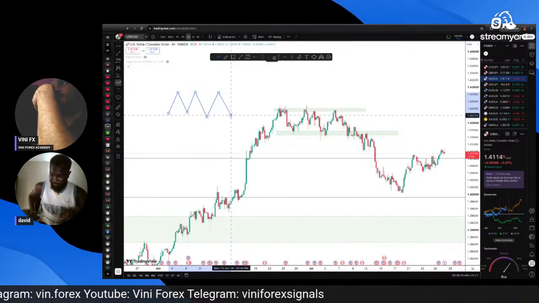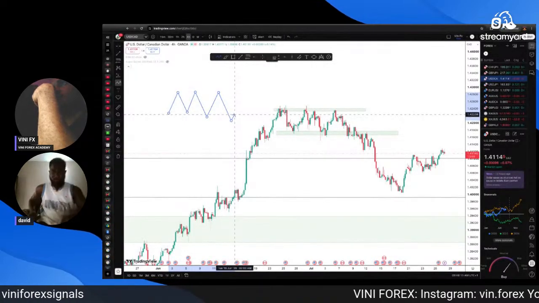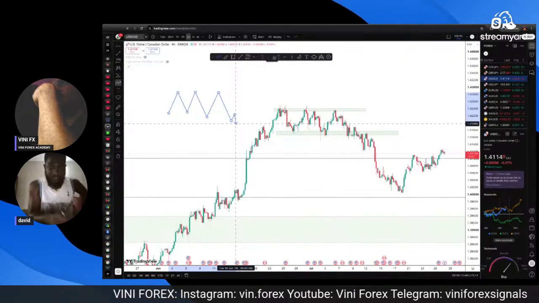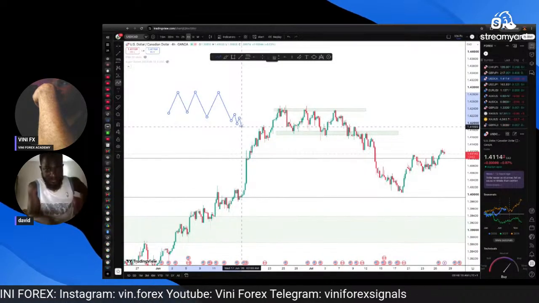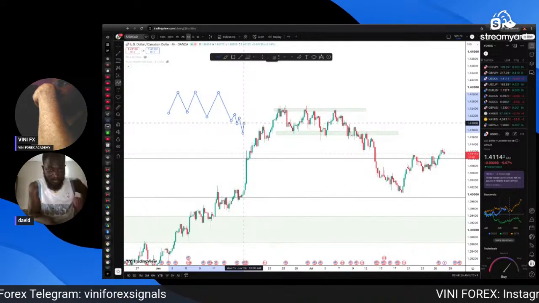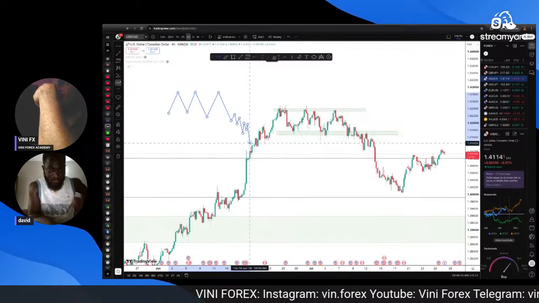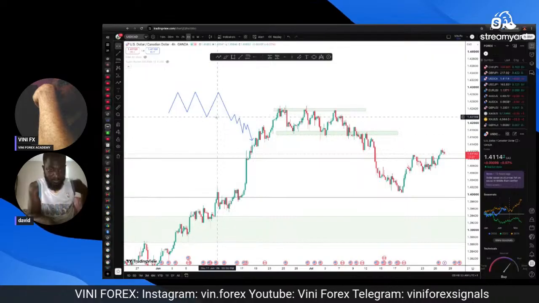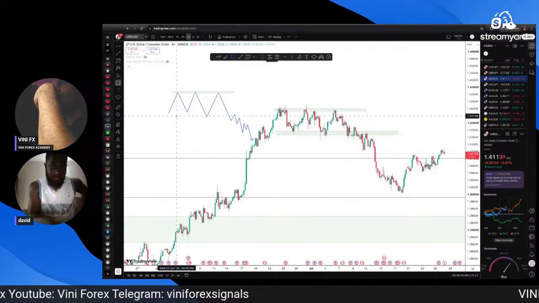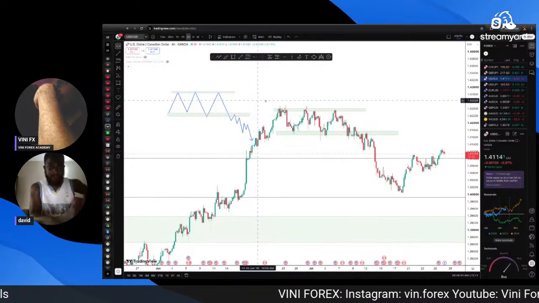Something like this. This is the market. So this is a triple top, and this is the neckline of it.